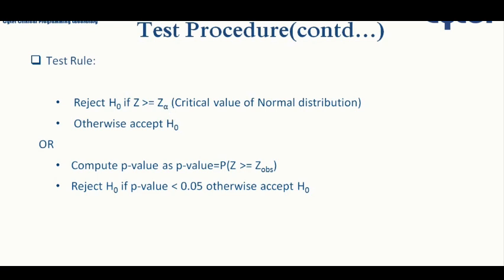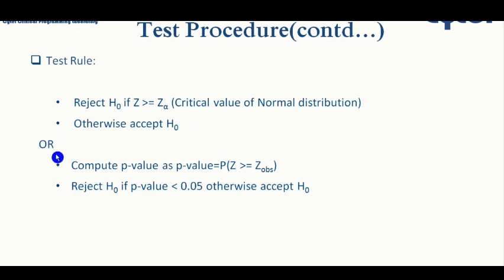You wanted something which should be objective, and that is based upon the value of alpha. So if the calculated value of Z is greater than or equal to the critical value of the normal distribution, then you reject H0 and you will conclude that mu is greater than 60. If it is not so, then you will accept the null hypothesis. So that is the test rule.